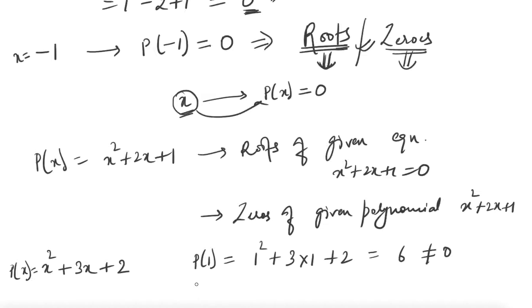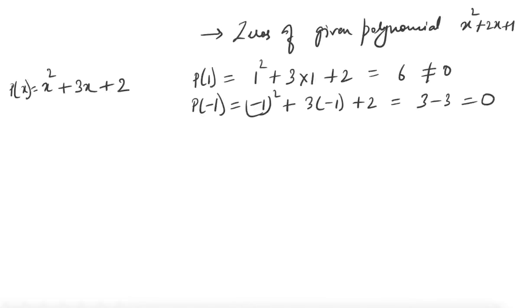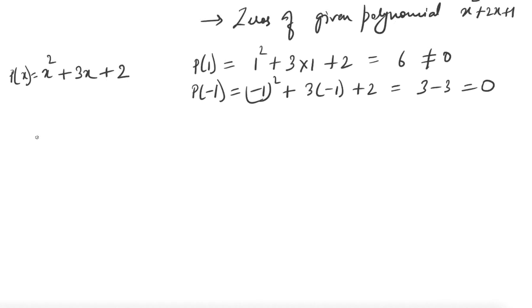Let me take p of minus 1, so minus 1 whole square plus 3 into minus 1 plus 2, which is equal to 1 minus 3 plus 2, that is 0. So minus 1 is one of the roots of the given equation.